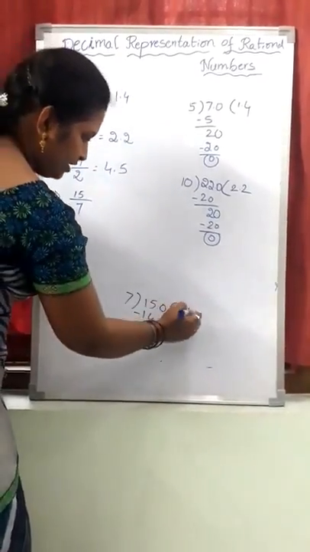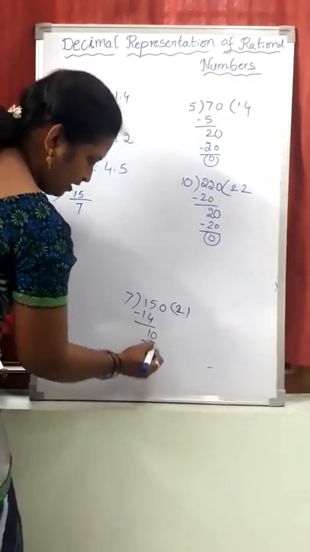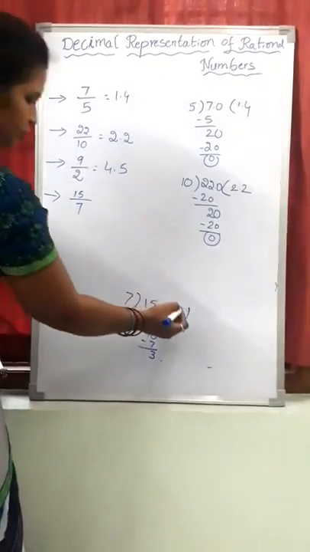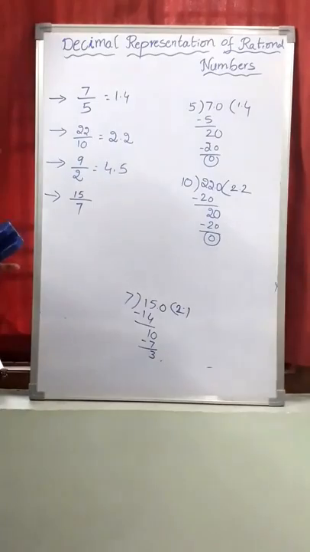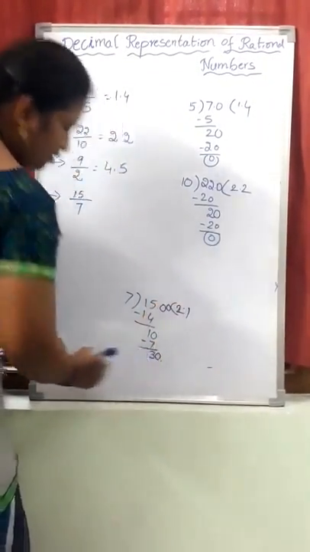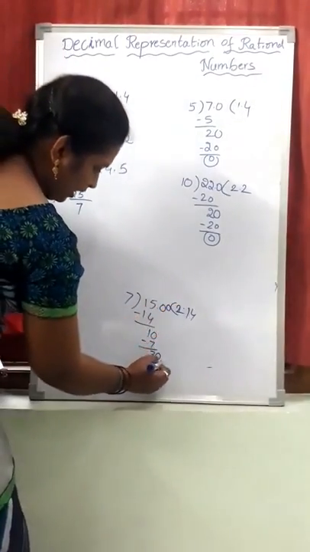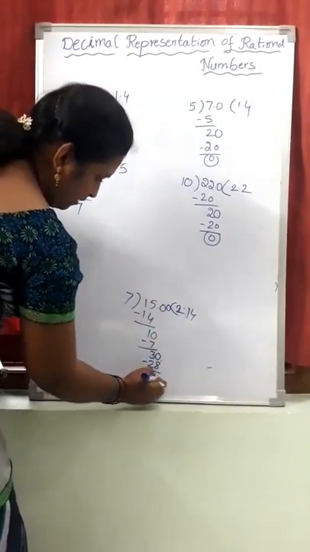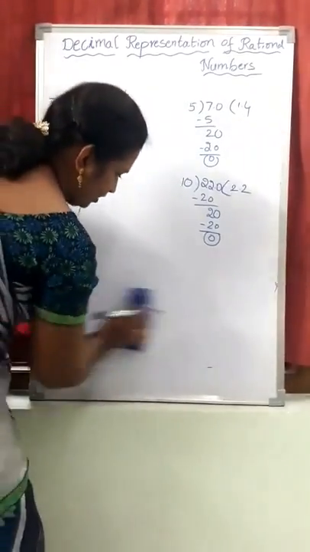Now in 10, 7 ones are 7. The remainder is 3. Already I have told you, if you kept a point, always we have the chance to keep a 0. Now keep one more 0. 30. Then we'll get 7 fours are 28. Now we got the remainder 2.